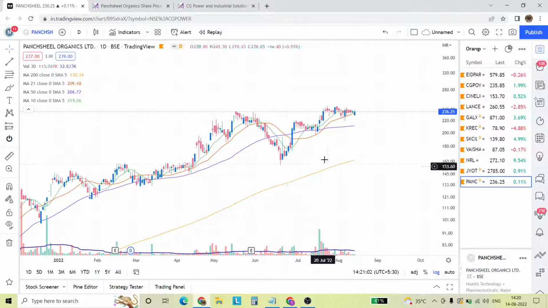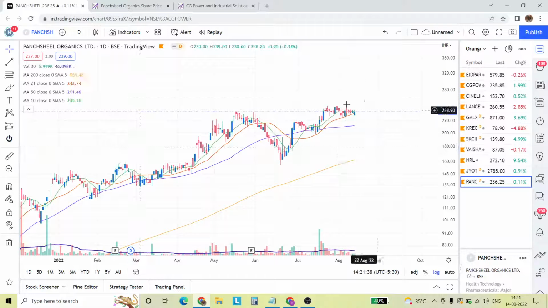But up to 30% is fine because there would be overhead supply. People who had bought here have seen the stock fall 50%, and the stock has come back again to show them that now you don't have any loss. And the people who bought here will be so happy that their huge loss has turned into a cost to cost, and they'll be running out and squaring their positions. That's why this right hand side tightness develops, the handle of the cup develops because of that.